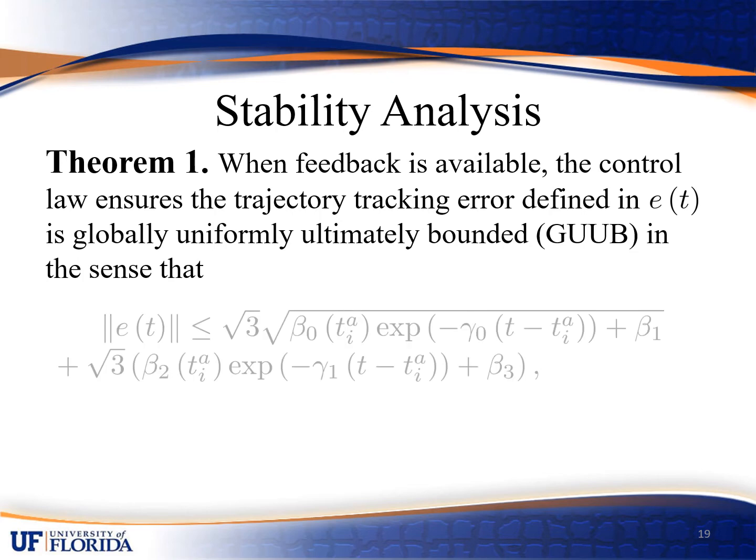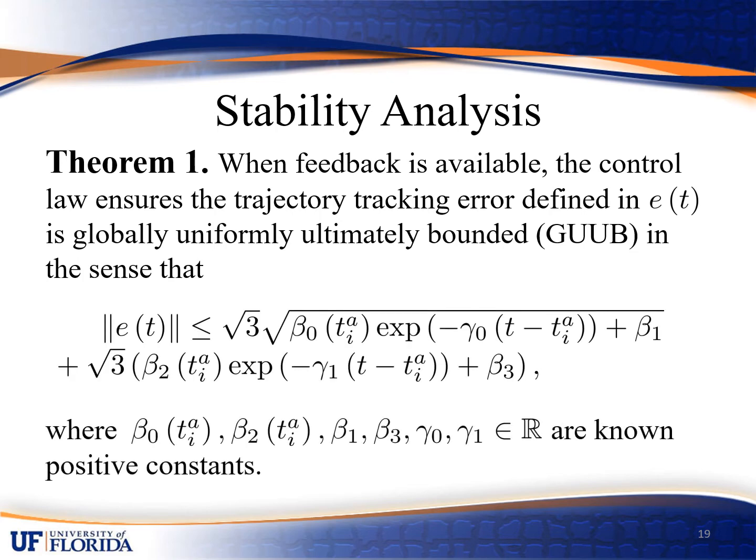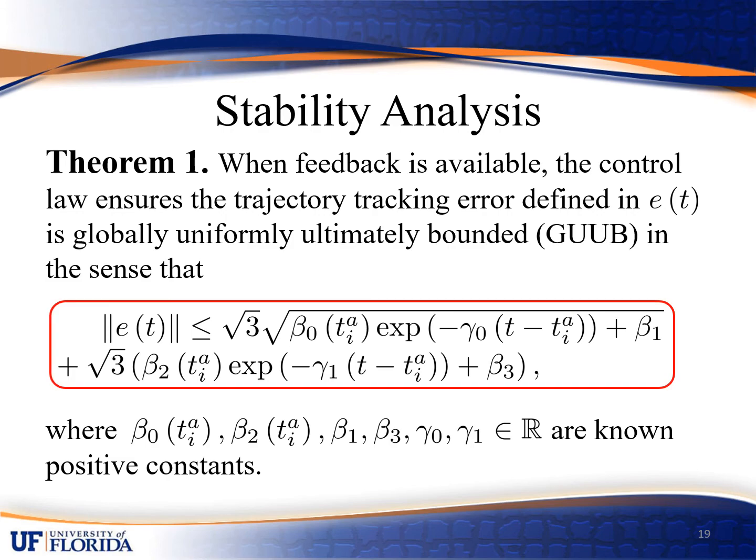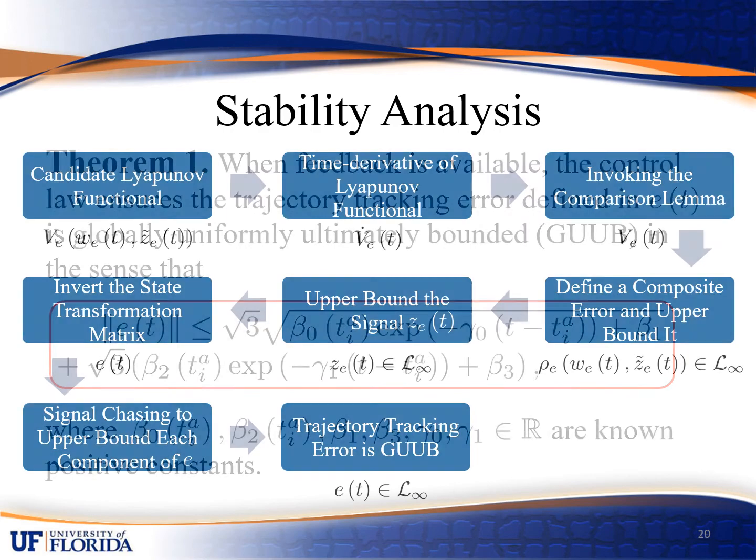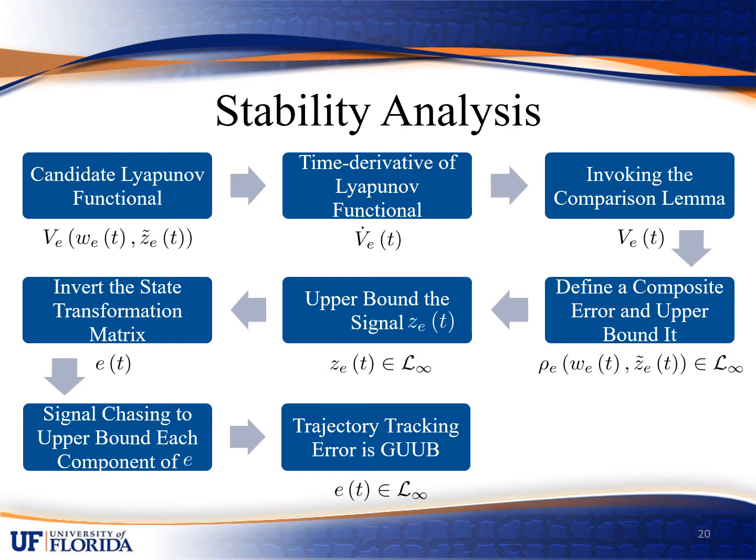Here is the statement of Theorem 1, and it shows the trajectory tracking error ET is globally uniformly ultimately bounded. To get the result of Theorem 1, here is the flowchart of the process. First, we select a candidate Lyapunov functional VE, and then take the time derivative of VE and get VE dot by substituting in the closed-loop error system, then invoking the comparison lemma to get an expression of VE.